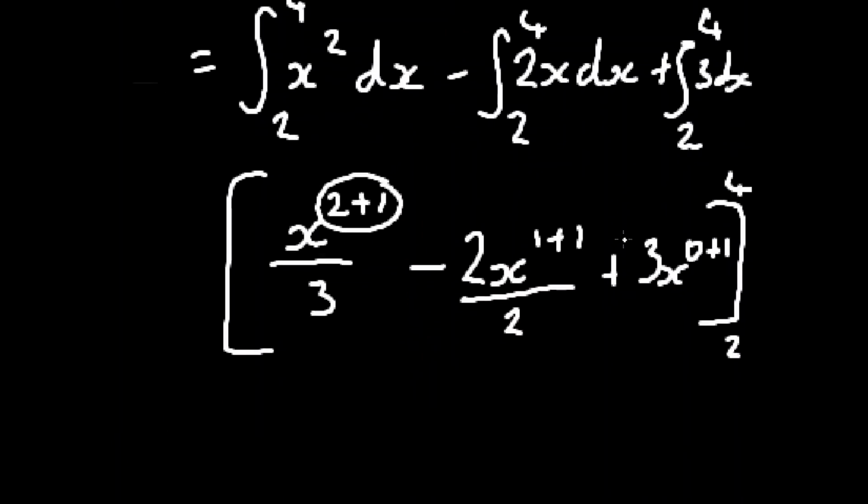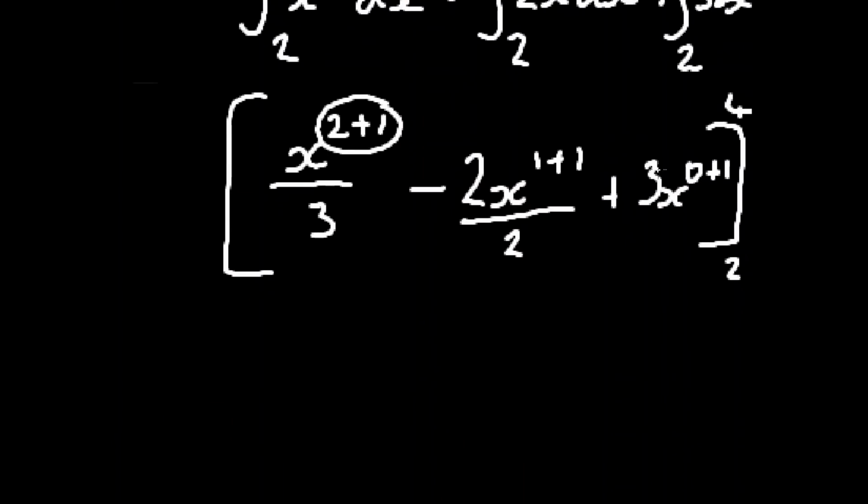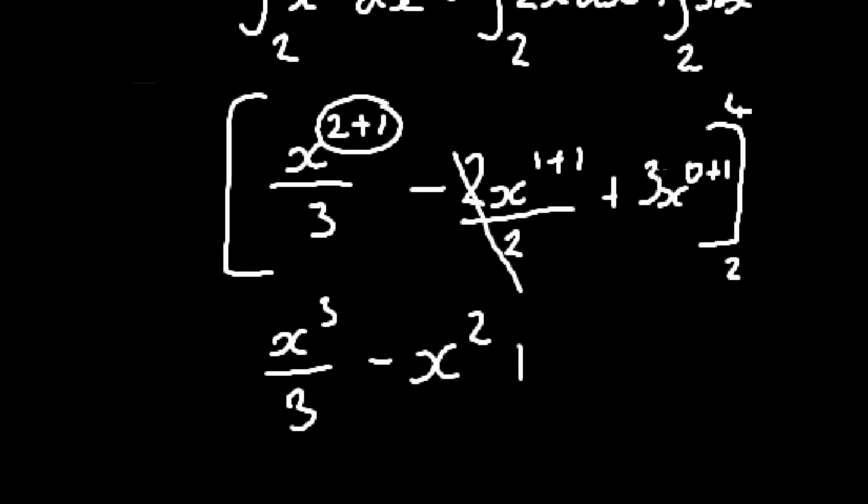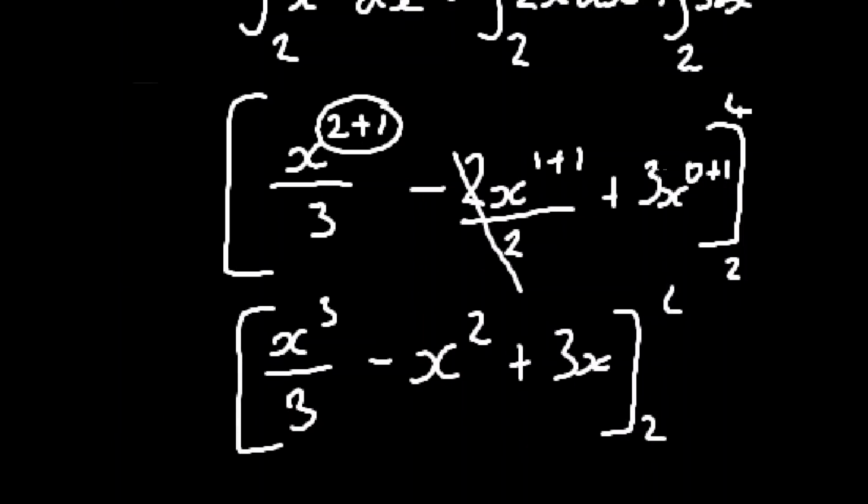Okay, now all of that we can say is the integral from 2 to 4. All right, let's simplify this. Let's make this easier. It's quite complicated, and so that will be x to the power of 3 over 3, and that is a minus. Now, that 2 and the 2 can cancel, so it becomes just x to the power of 2, and then plus 3x, and that is, again, from 2 to 4.